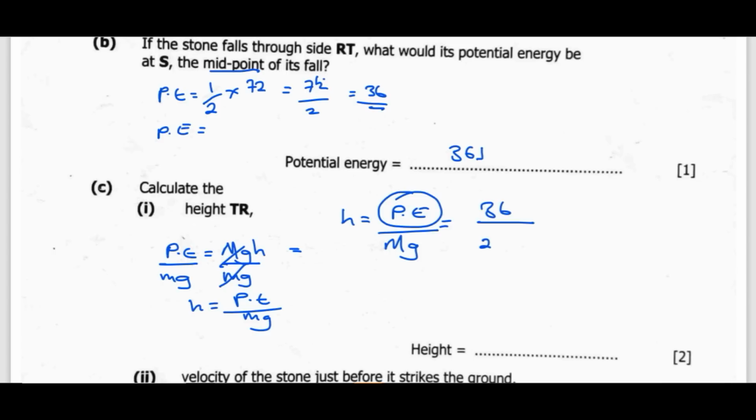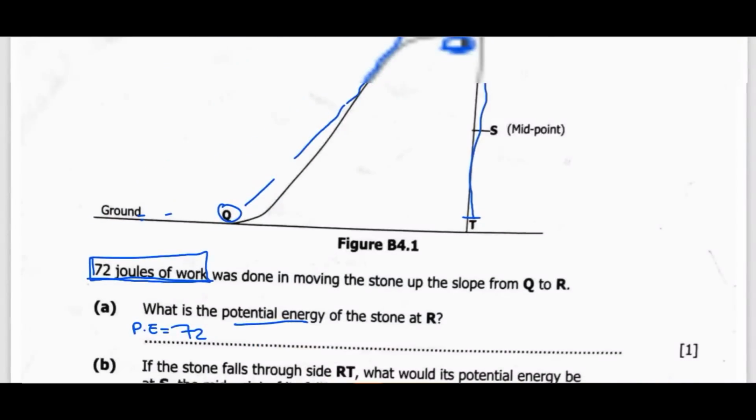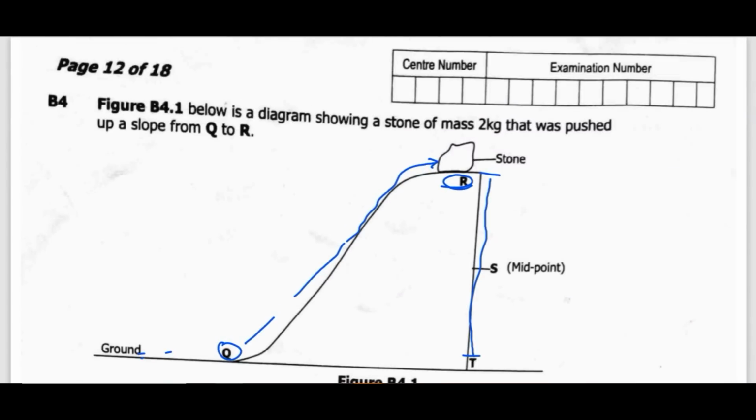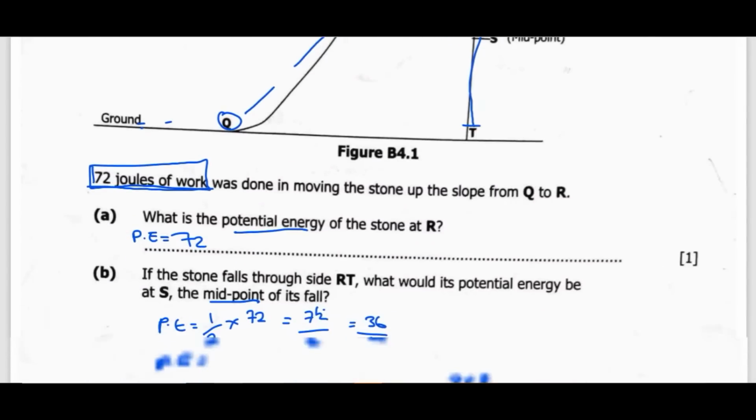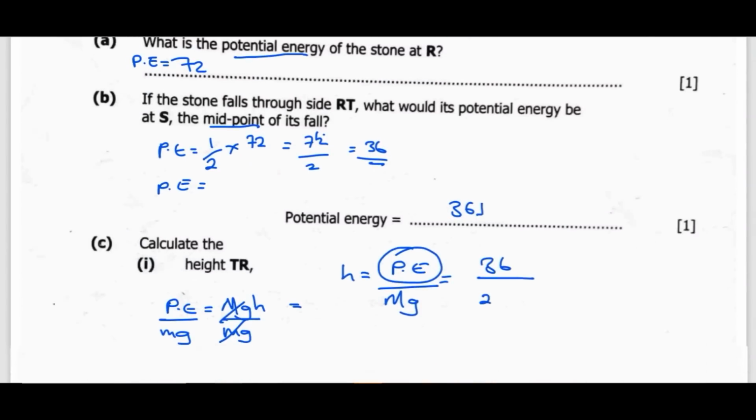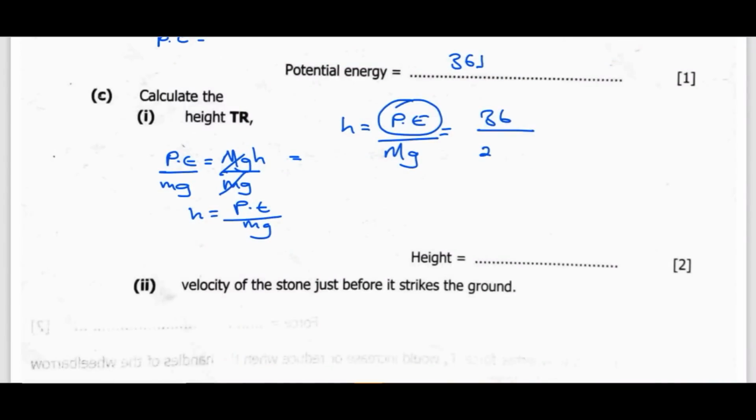So this is the mass that we have there, which is 2. And then we have times 10. Where is this 10 coming from?